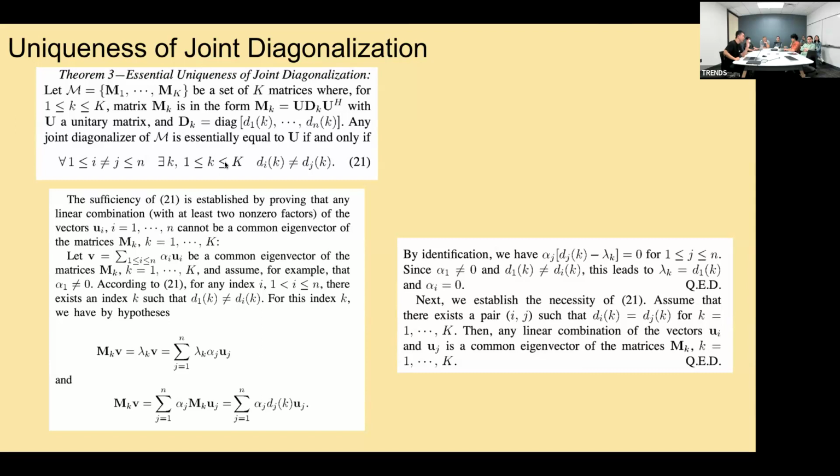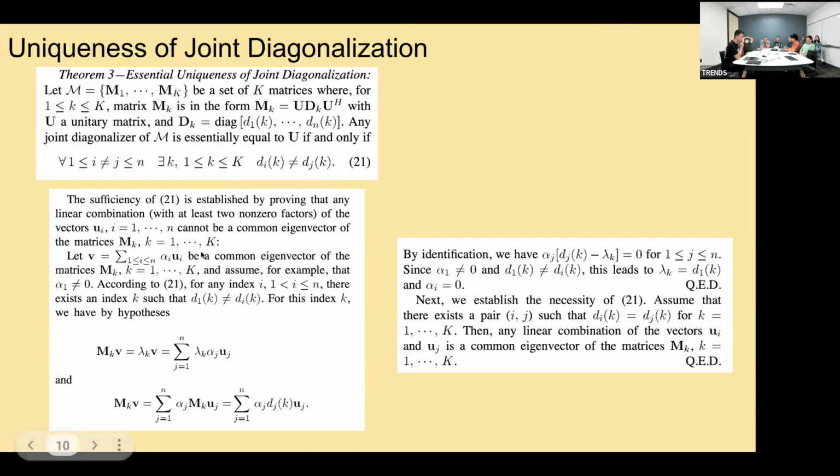Which means that for any two eigenvalues in one matrix, there should exist one from these K matrices where the eigenvalues are different. I don't know if it's clear, but maybe reading it is clearer.